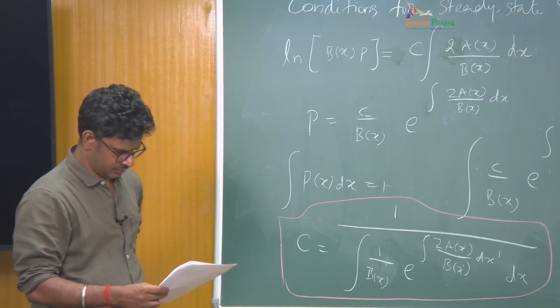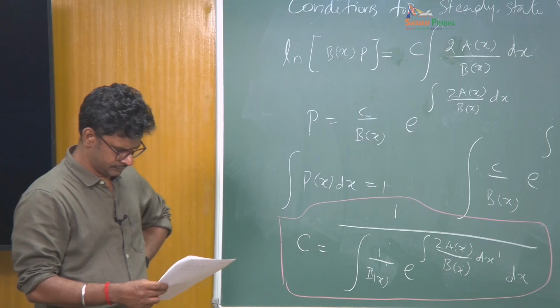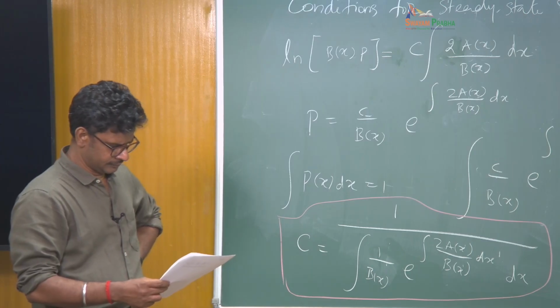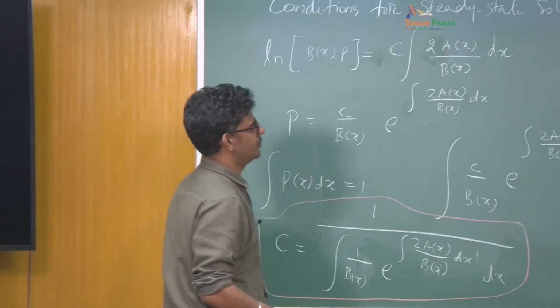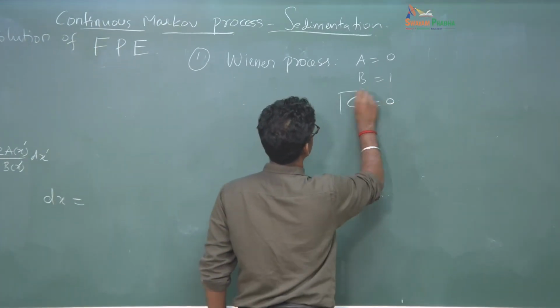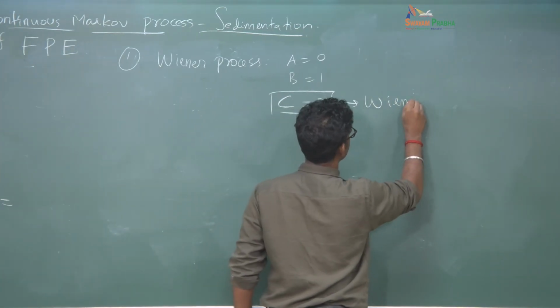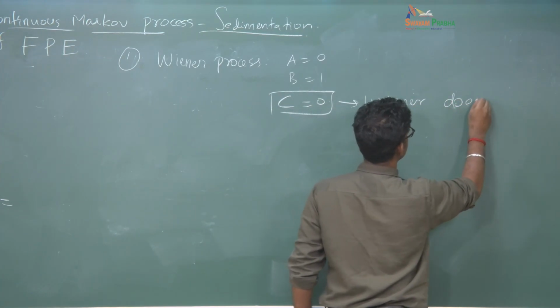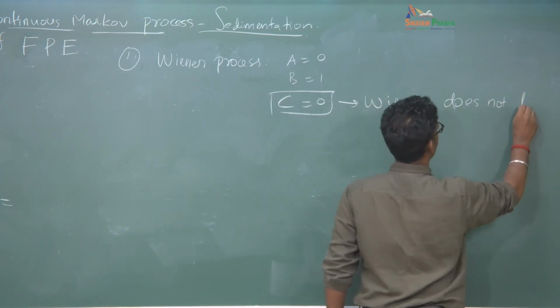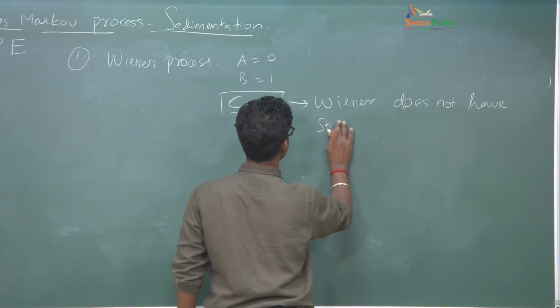So this will make C equal to 0. And therefore we say that the Wiener process does not have a steady solution.